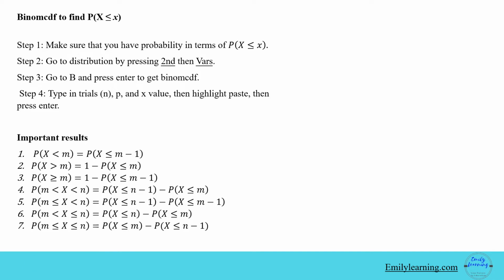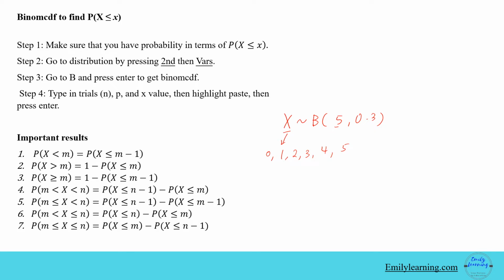Recall that when we have a binomial distribution, for example, X follows B(5, 0.3), what are the values that x can take? X will always be an integer starting from 0 all the way to 5. So you take 0, 1, 2, 3, 4, and 5, right?